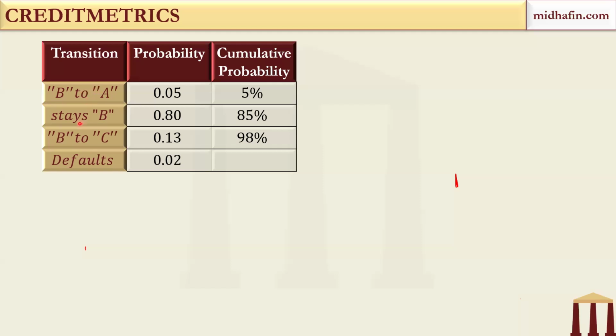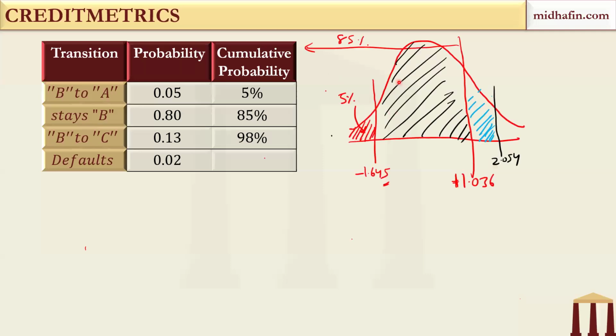Between 5% and 85%, B will remain B. Why we are doing this mapping, I'll tell you, and why we are finding this cumulative probability: because we want to visualize this. We want to map this to different regions in a standard normal distribution.